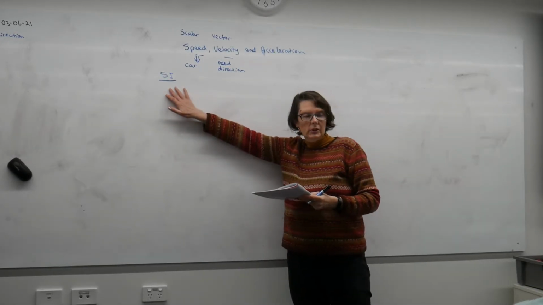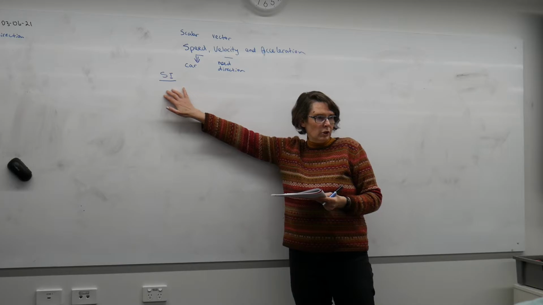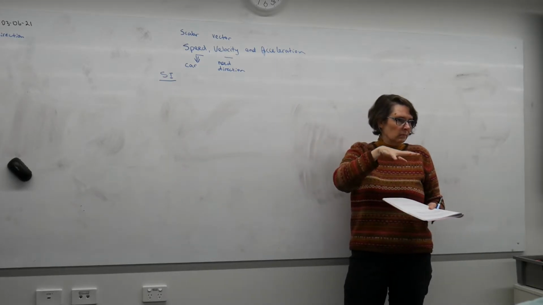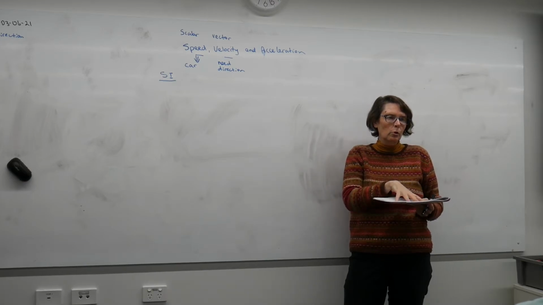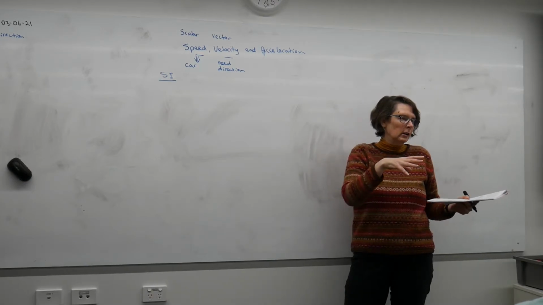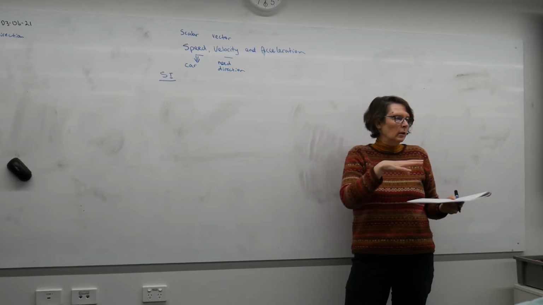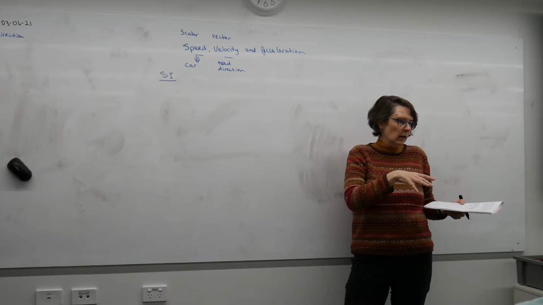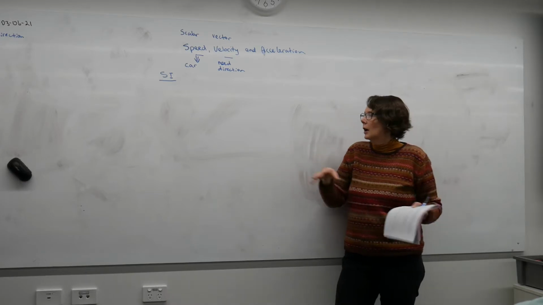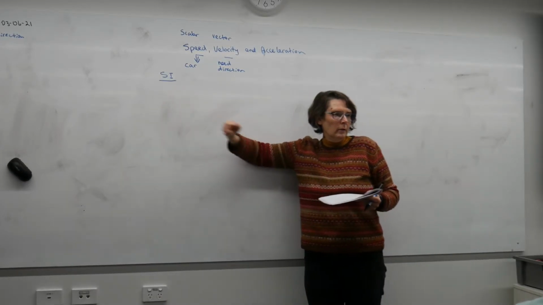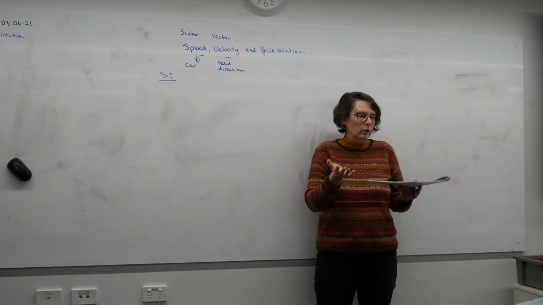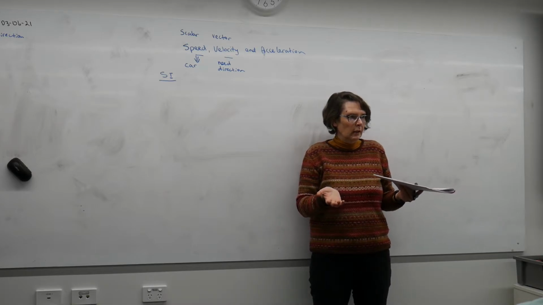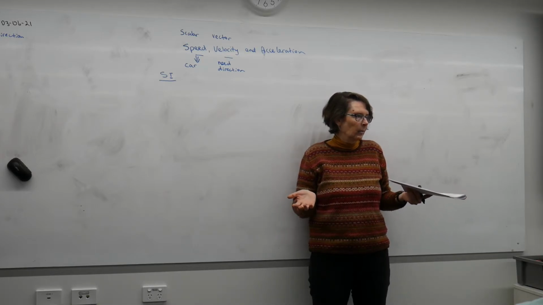SI stands for Système International, which is basically the metric system on a small level, but it goes on and tells us what is the systematic unit that should be used around the globe when you're conducting a scientific experiment. If you get this wrong, or if different groups are using different units of measurement, then problems are going to happen.